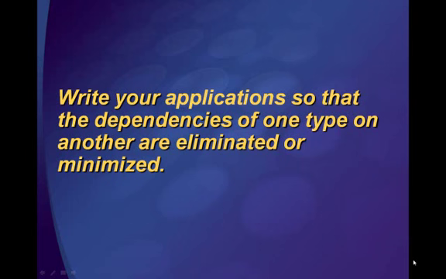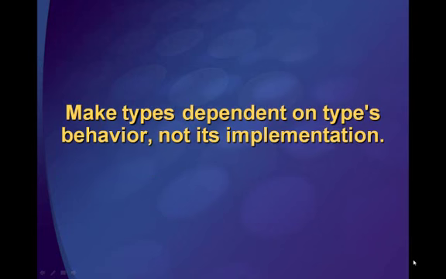So the whole idea is to write your applications so the dependencies of one type on another are eliminated or minimized. So what we want to do here is to make the types dependent on the type's behavior, not its implementation.